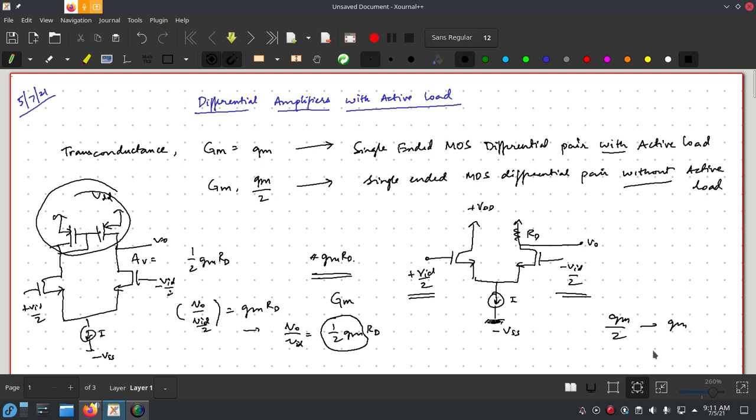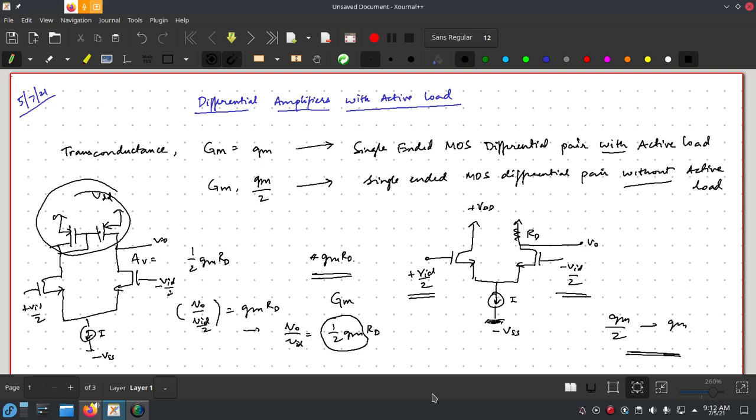This is what we have proved in the last class, so that is what I have written there. Transconductance capital GM is equal to small GM for a single-ended MOS differential pair with active load, and without an active load it is GM by 2. So half of the gain is lost if you don't use an active load.